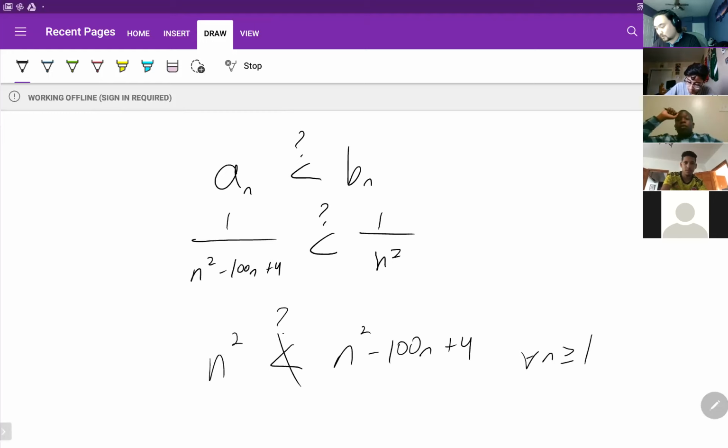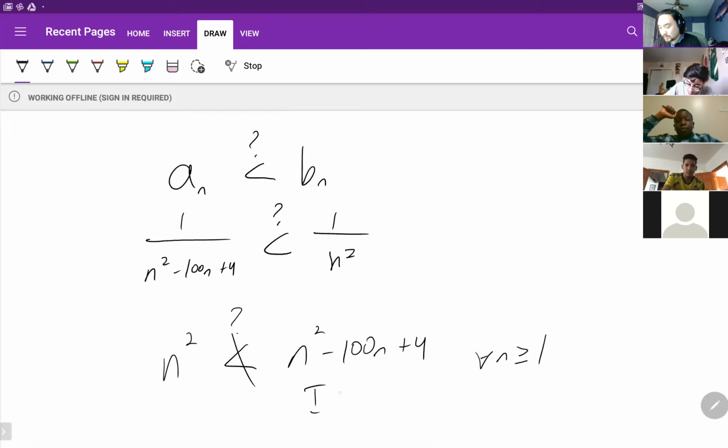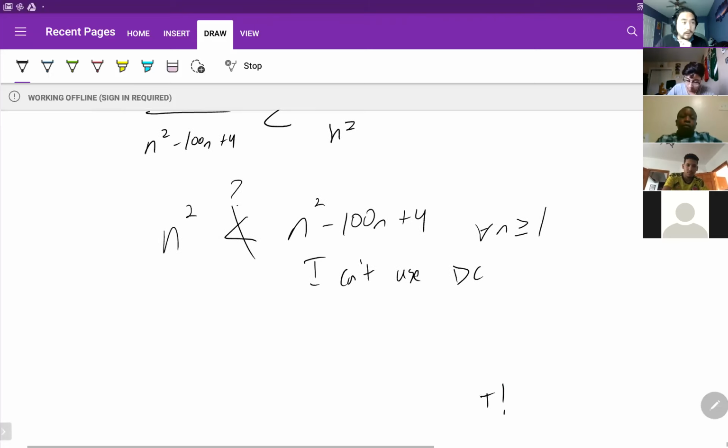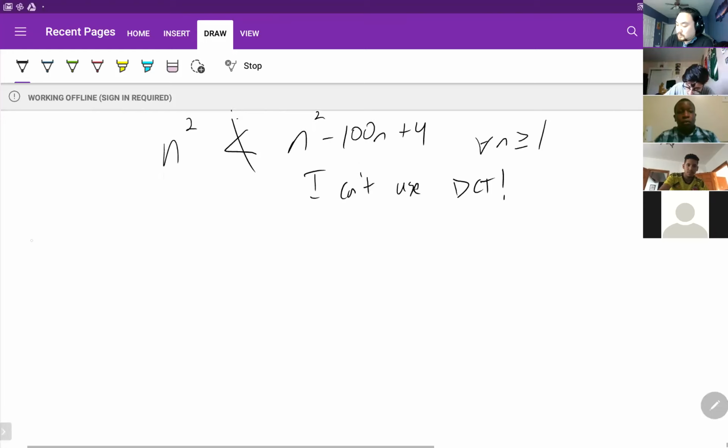So going back to this, it means I can't use DCT. I need something else. Let me show you the theorem they give in the book on LCT, on page 580. It starts off by saying let A sub n and B sub n be positive sequences, which is, duh, right?